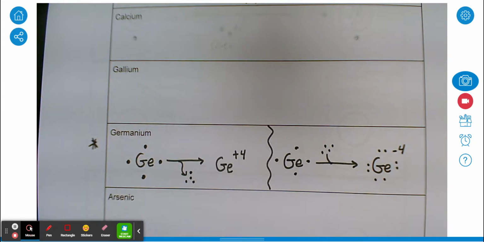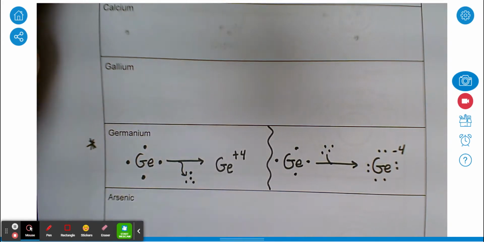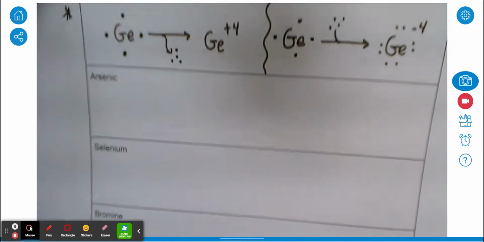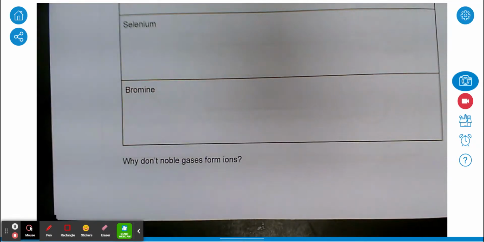Okay. That's it for this page, except for that tiny little short answer on the bottom. Now, you will see this question like 3 times throughout the packet. It's probably on your test. Some of you will probably still get it wrong. Why don't noble gases form ions? I'm not going to give you the answer. I'm going to give you a hint.